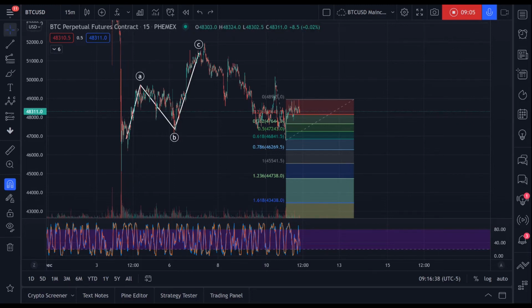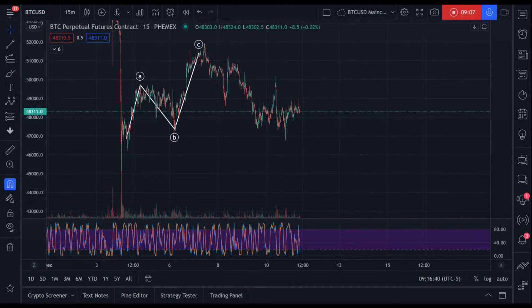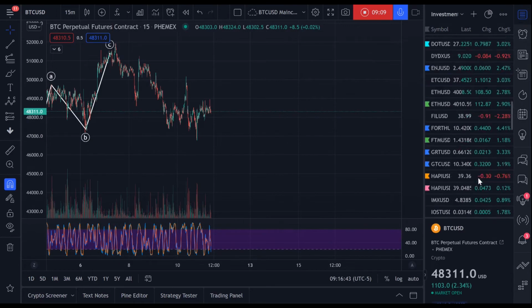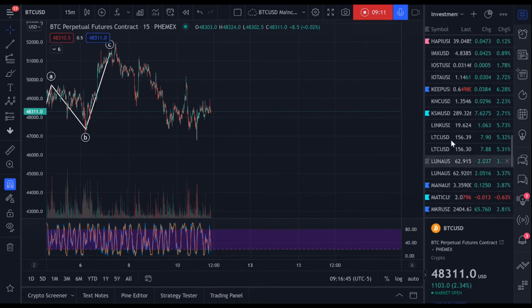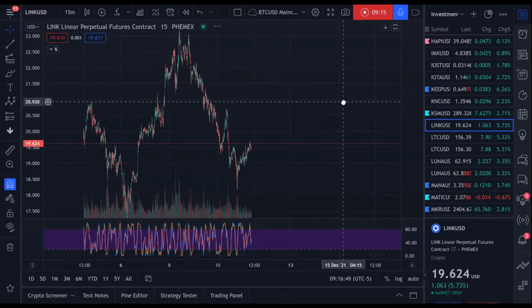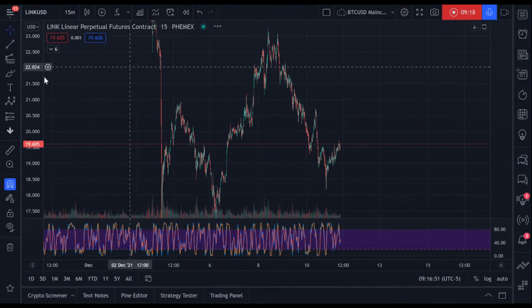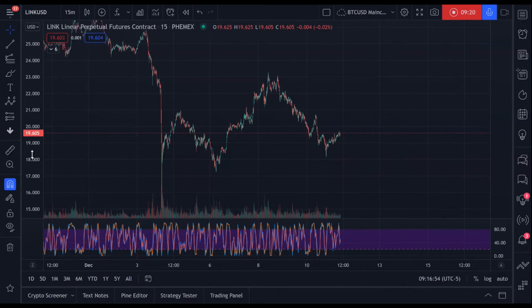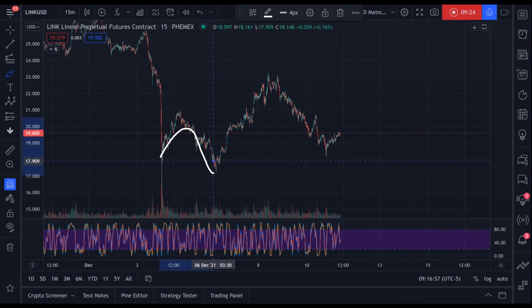Now, similarly, but not exactly, with Chainlink, which I'm trading, I'm seeing a reversal happen. Okay, we have a larger A wave, very clearly.